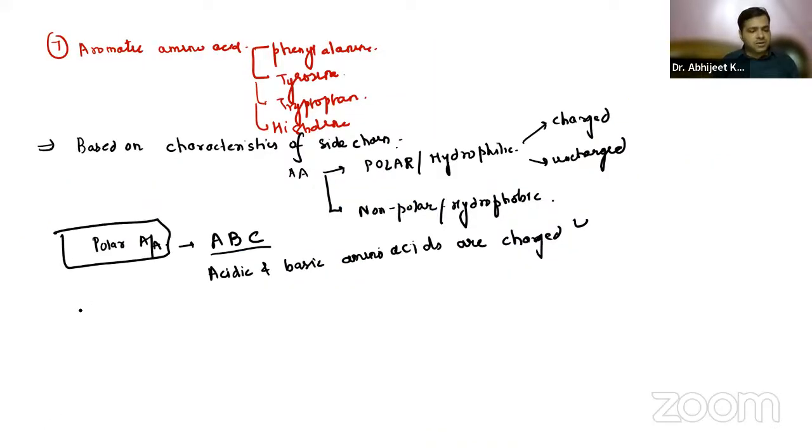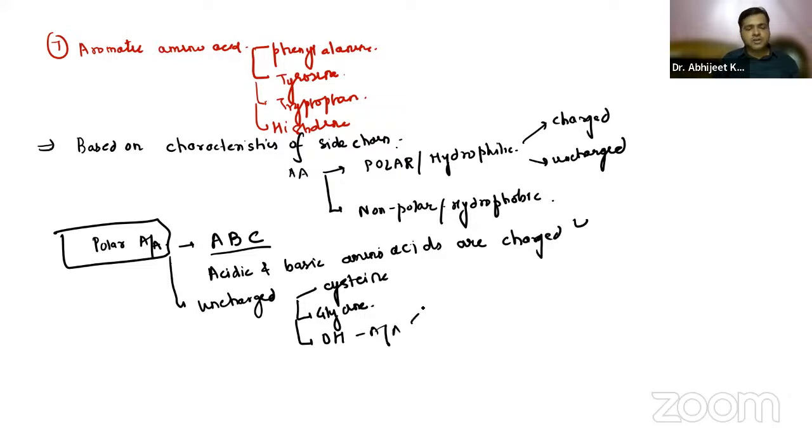Now, polar amino acids which are uncharged. Basically, we have cysteine and glycine. We have hydroxyl group containing amino acids, serine and threonine.